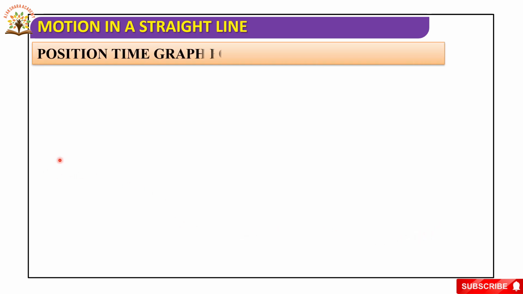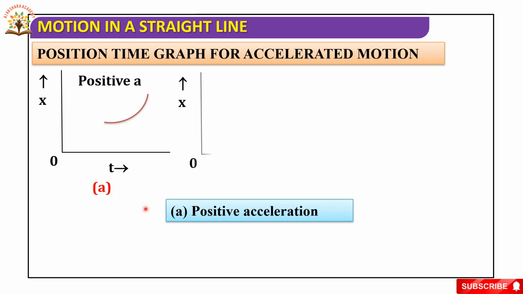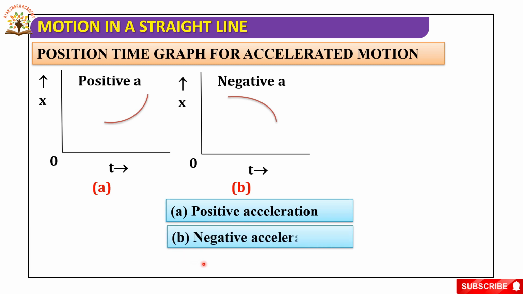Next, position time graph for accelerated motion. Now here we are taking position along the y-axis and time along the x-axis. In this graph, the body is moving with positive acceleration. In the second one, time is along the x-axis and x along the y-axis. This is the behavior of the graph for negative acceleration. Positive acceleration is when the velocity increases with respect to time.